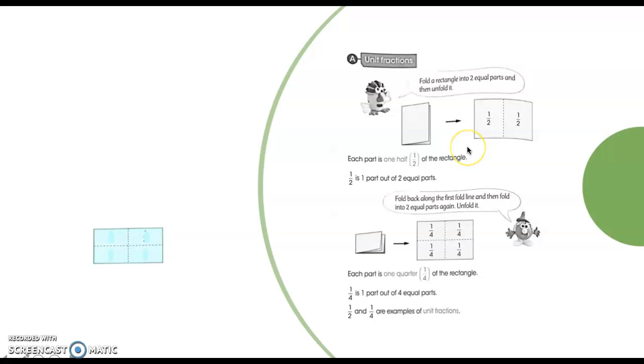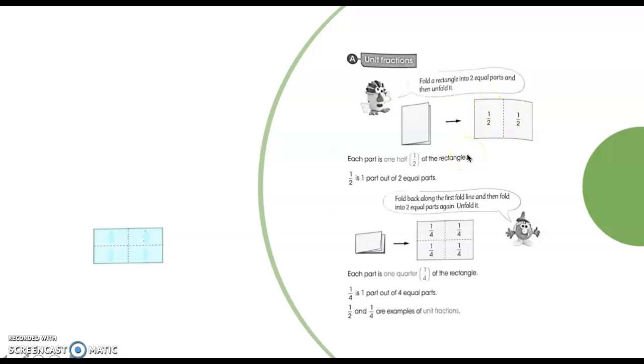So now if I take one part, how should I write the fraction? I cut this rectangle into 2 pieces, so one part will be 1/2, because out of 2 parts I'm taking one part, so the unit fraction from this whole is 1/2.